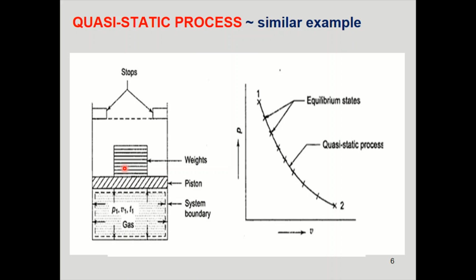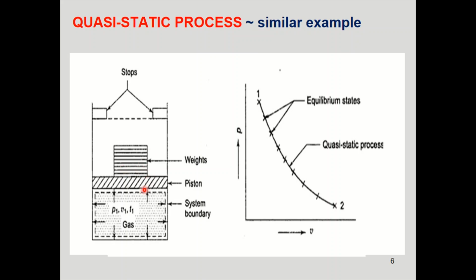That means the external stimulation will be changed, but with a very minute change. The cause of change will be very minor, not a finite cause. It is infinitesimally small, the change in the cause. So I will withdraw 0.001 grams, for example.